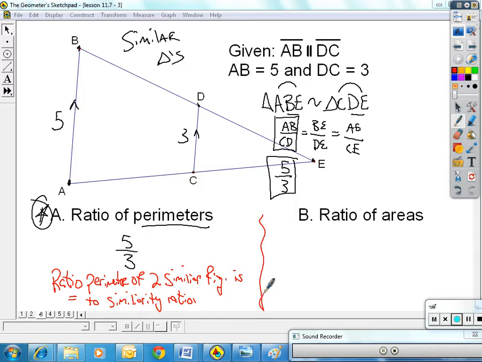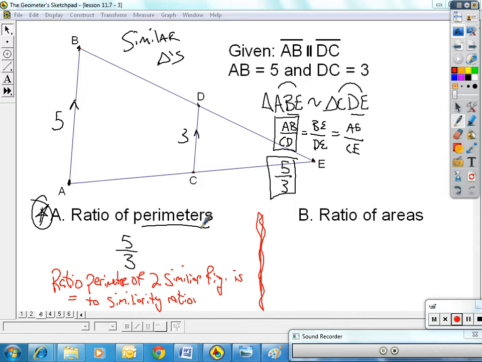Now let's find the ratio of the areas. Is the ratio of the areas going to be 5/3 as well? Now that's a quandary. Is the ratio of areas going to be 5/3 as well? All right. In order to think through this problem, I want to remind you what the difference is between one-dimensional and two-dimensional characteristics.